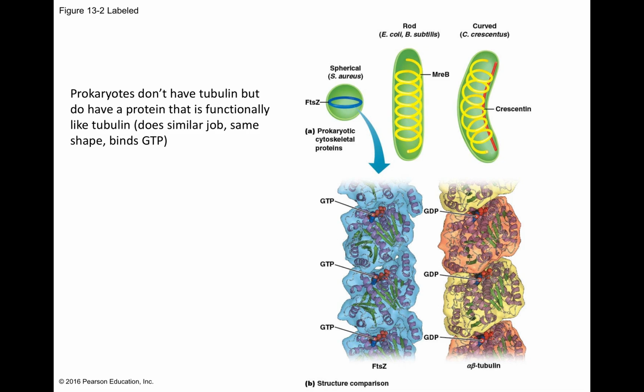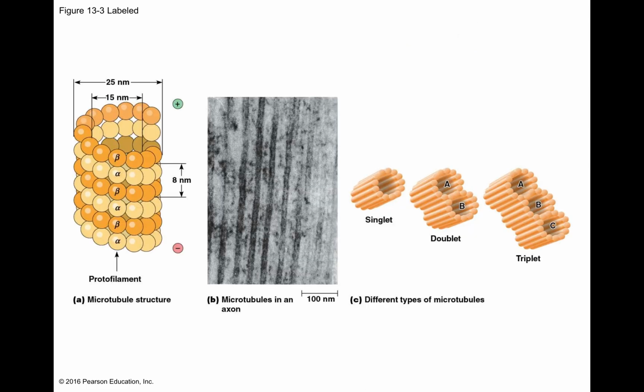It just doesn't share much sequence, but its three-dimensional shape is very much like tubulin, and it acts like tubulin in that it binds GTP, and it forms these filaments. In prokaryotes, it's called FtsZ, and in eukaryotes, you have tubulin. So that's another difference between prokaryotes and eukaryotes.